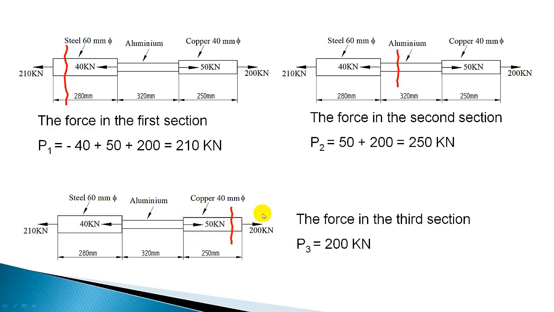So you need to consider only this force, 200 kilonewton, which is on the right side of the section plane. Since it is acting towards right, it is positive, so plus 200 kilonewton is the force in the copper section. So we understood all the internal forces in all three sections.